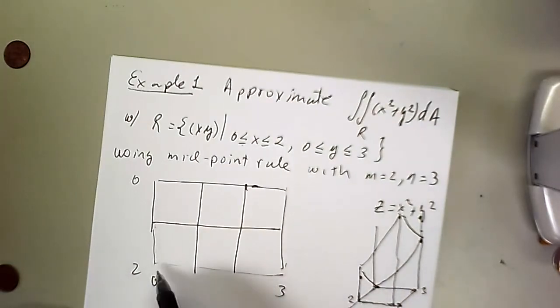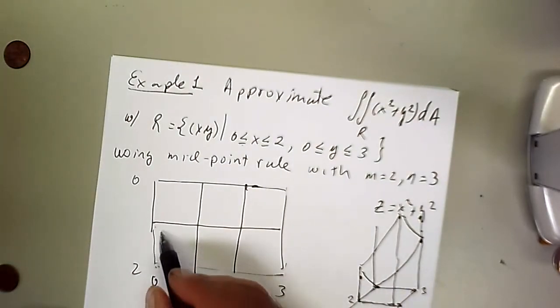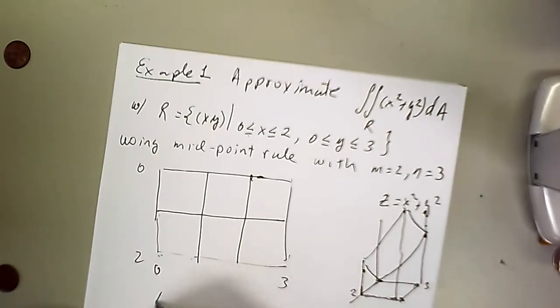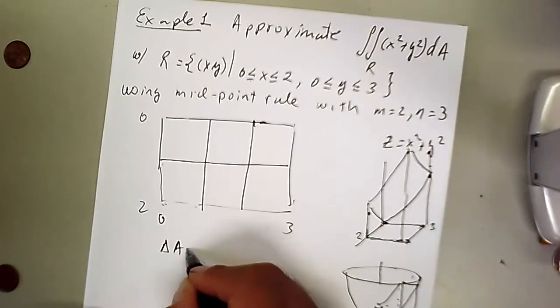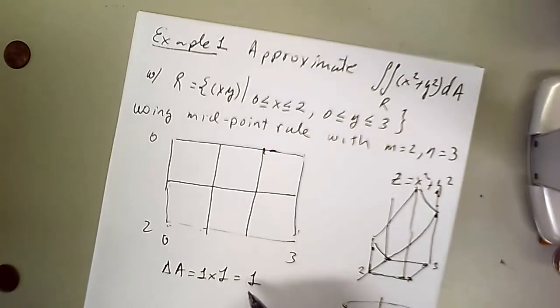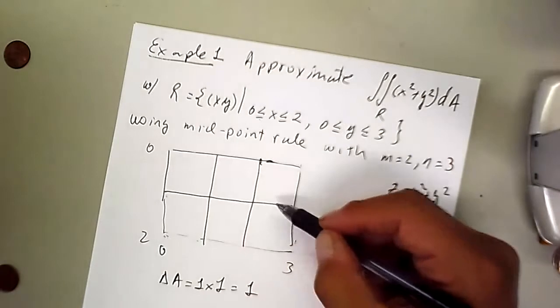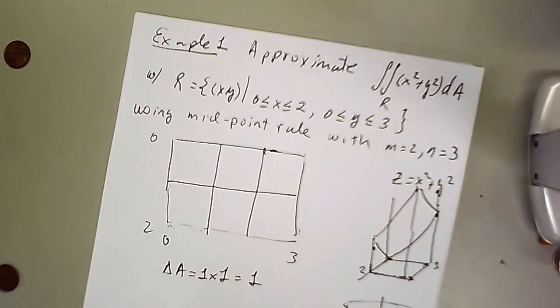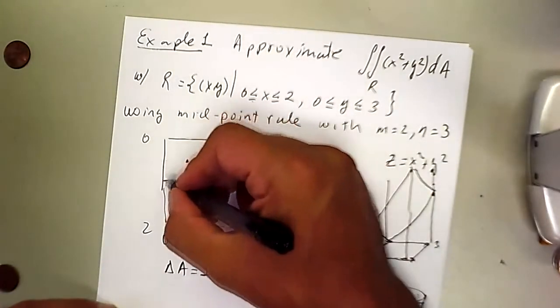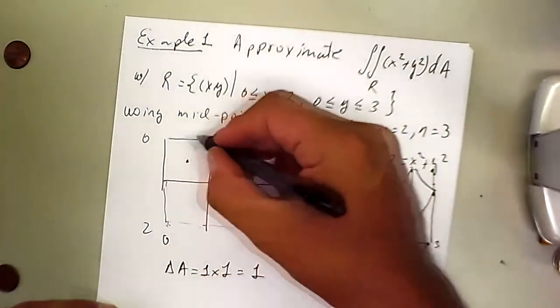By the way, each one of those is going to be a 1 by 1 unit square. So the delta A is going to be nice. It is going to be 1 by 1, which is 1 square unit. So the base of each one of the rectangles will be 1, which is going to make this a little easier to work with. The midpoint here, now remember, this is the x-axis and this is the y-axis.